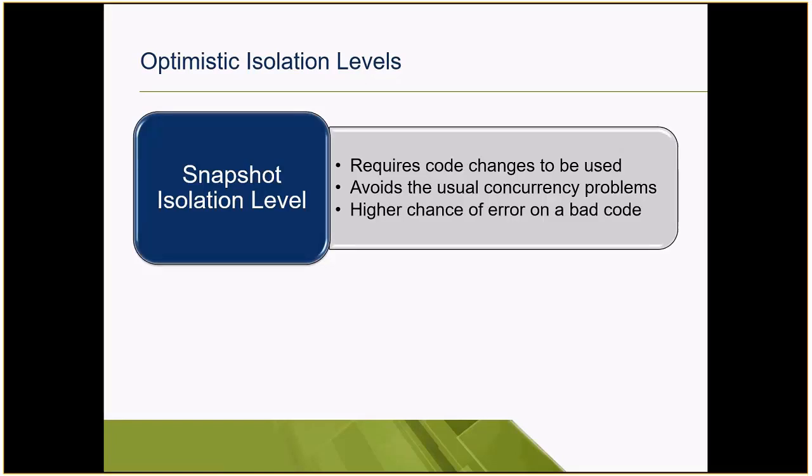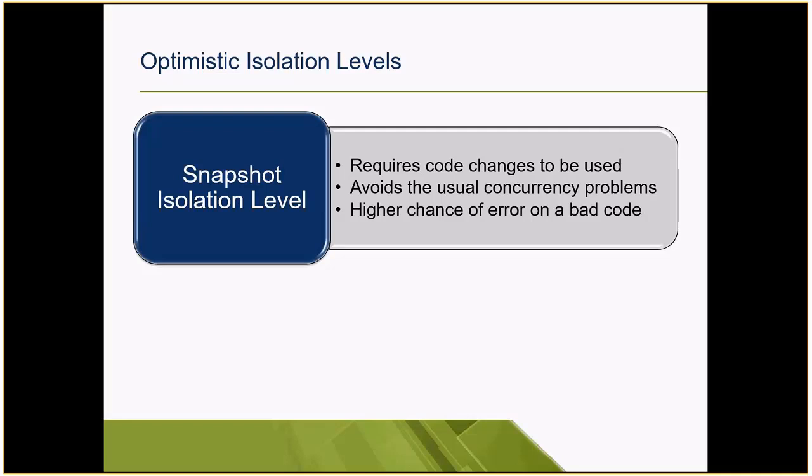What are the optimistic isolation levels that we have? We have the snapshot isolation level. This isolation level requires code change to be used. Our application needs to be designed to use the snapshot isolation level. We plan our application for it.